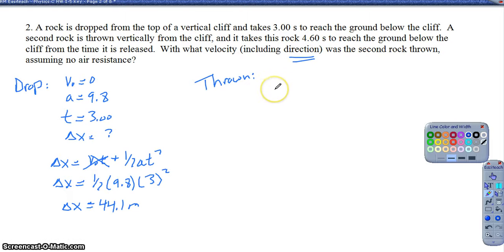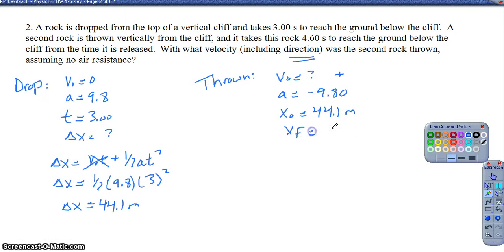The reason I said this was similar to questions 6 and 7 is let's just identify everything we know. I'm looking for the initial velocity, but I do know that it's going to be positive because I'm defining upward as positive. It is very important here, because I'm defining upward as positive, that my acceleration needs to be a negative 9.8. I also know my initial height is 44.1 meters, and I'm going to use a positive 44.1 since it's above the ground.